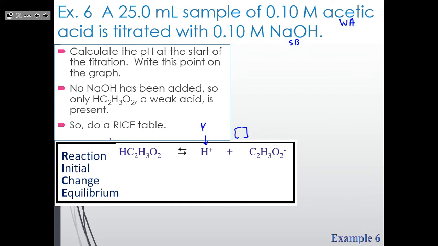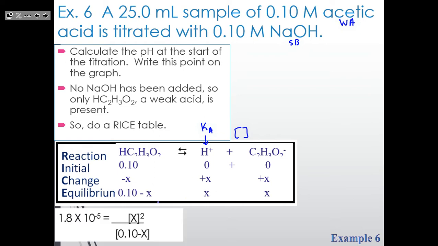And because we have H plus concentration, we're going to have to use a Ka value. My initial concentration of acetic acid is 0.10 molar, 0 H plus to begin with, 0 acetate ion. Here are our minus X, plus X changes in our equilibrium values.